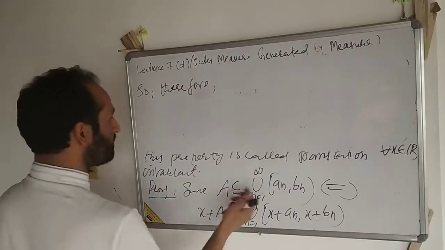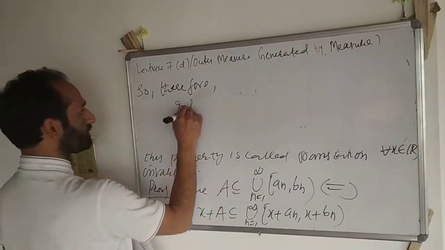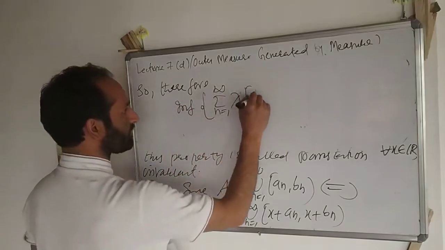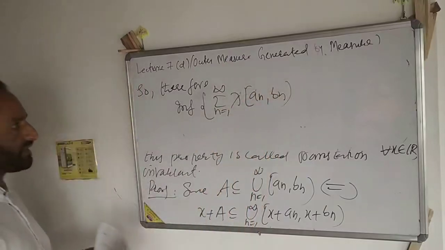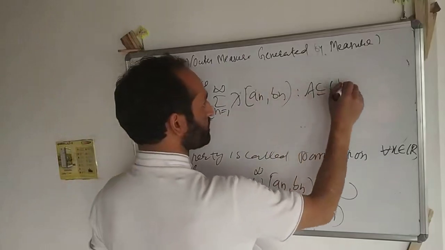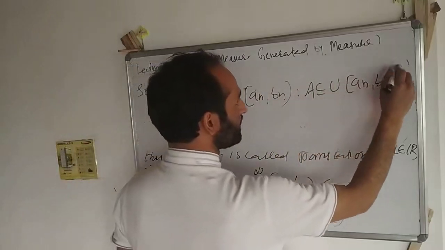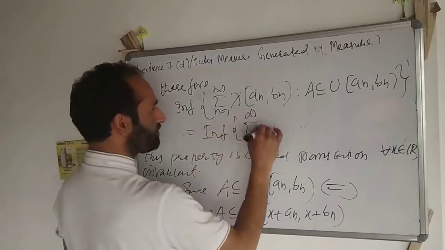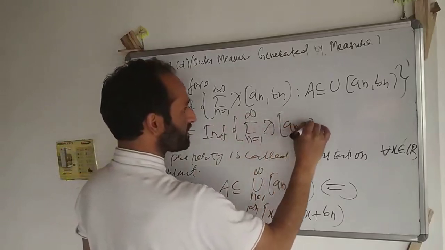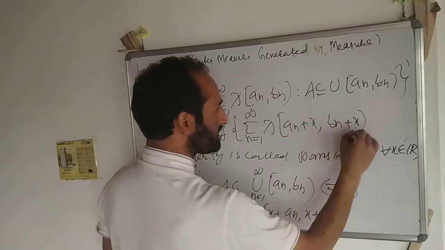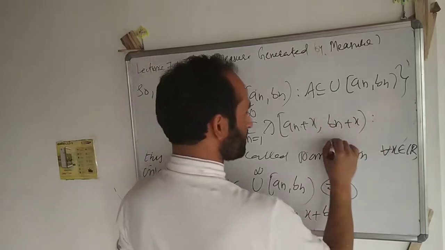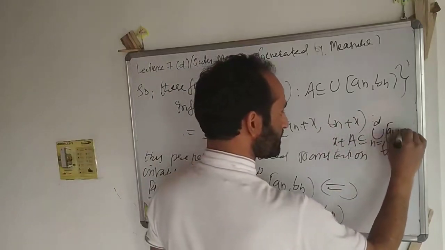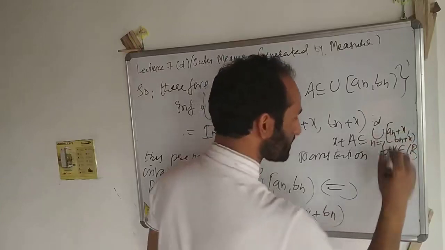we have this infimum of the summation n runs from 1 to infinity of the Lebesgue measure of An, Bn, which is equal to Bn minus An, where A is a subset of the union of An and Bn. This is the same as the infimum of the summation n runs from 1 to infinity of the Lebesgue measure of An plus x, Bn plus x, such that x plus A is a subset of the union n runs from 1 to infinity of An plus x comma Bn plus x.